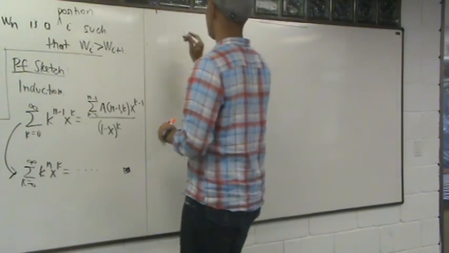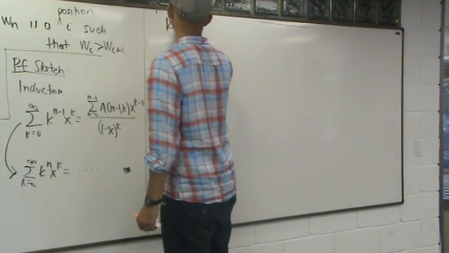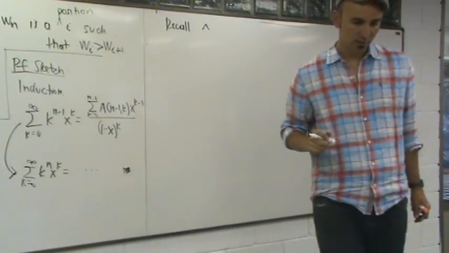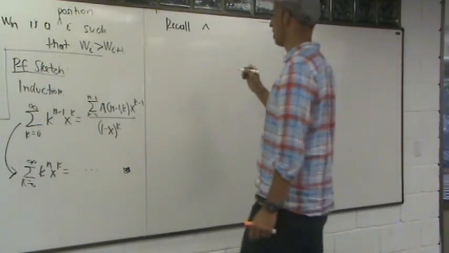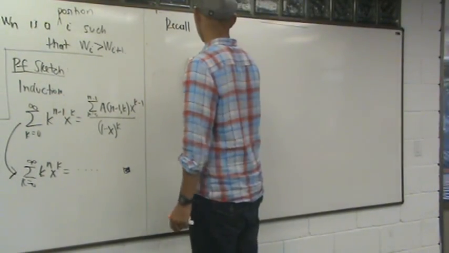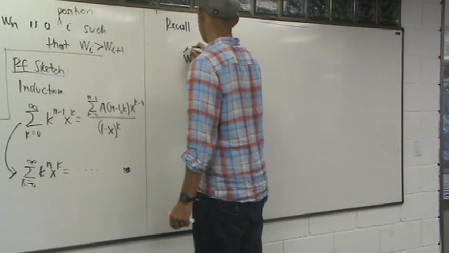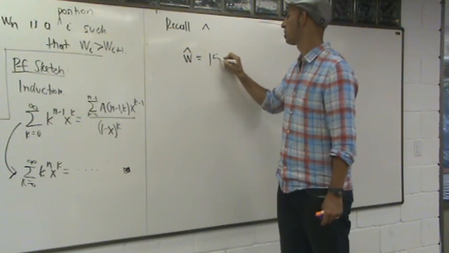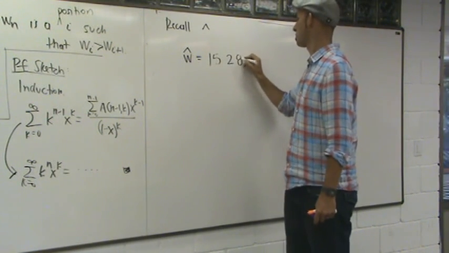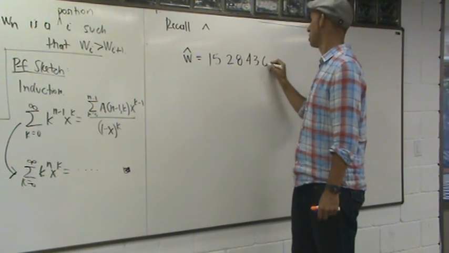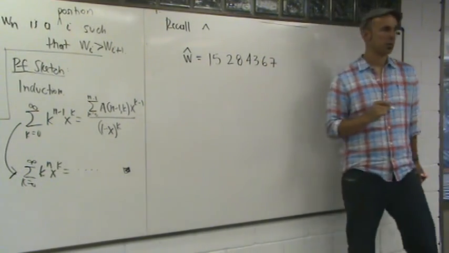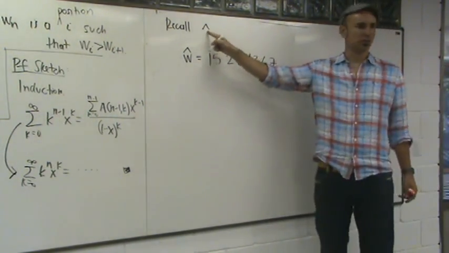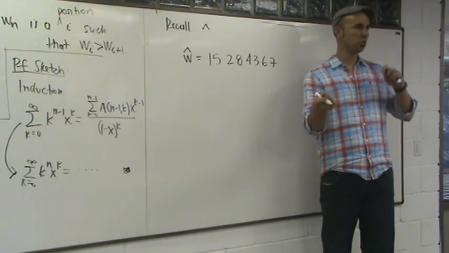So recall that we have our fundamental transformation hat, which does what? Let's start with this one since we already did it. I call it W hat because the hat goes from cycle notation to one-line notation.